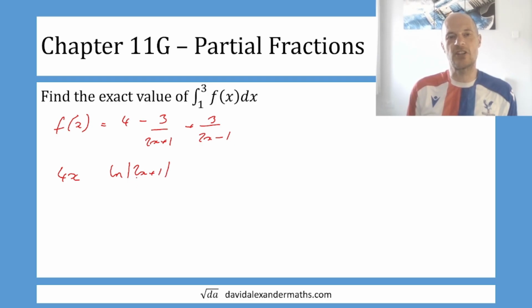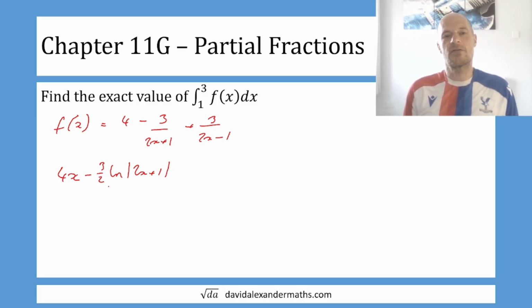If I were to differentiate that, I'd get a 2 on the outside, and I want a 3, so I need to multiply that by 3 over 2. So it's going to be minus 3 over 2 ln 2x plus 1, and next one's going to be plus 3 over 2 the ln of 2x minus 1, between the limits of 3 and 1.